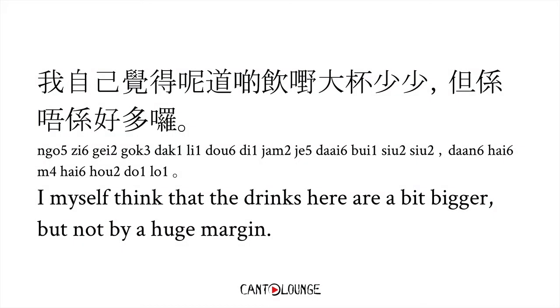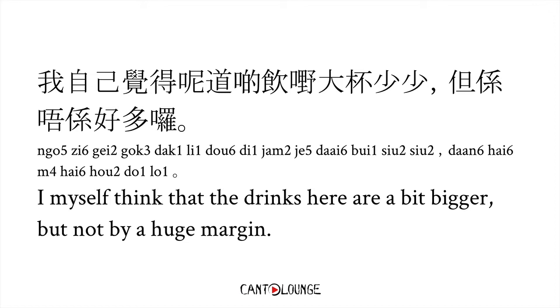This is when you want to say something is a lot more adjective or a little bit less adjective. So for example, we have 大杯少少 here, right? And 大杯 is when talking about drinks, there's small, medium, and big sizes. This would be the large cup size. So this is a little bit bigger, right?